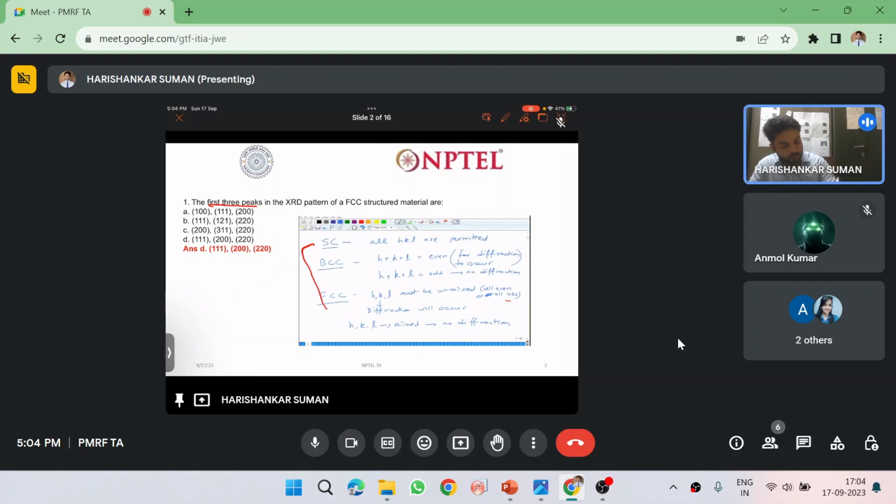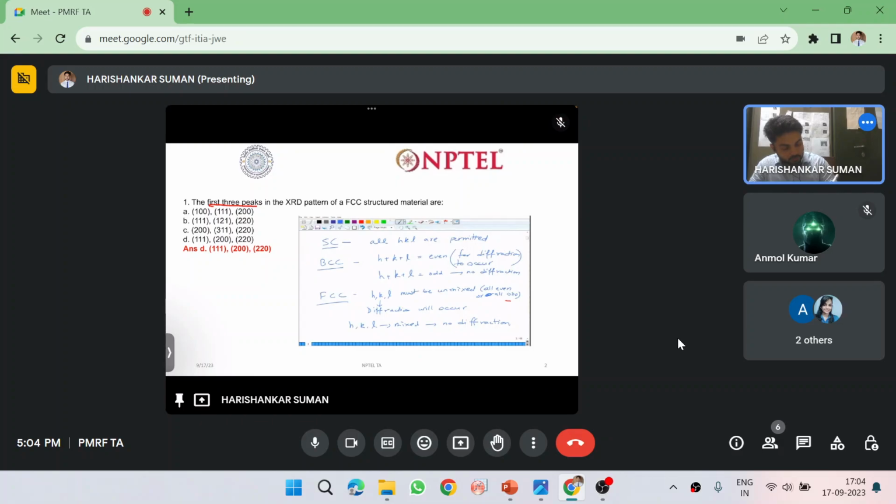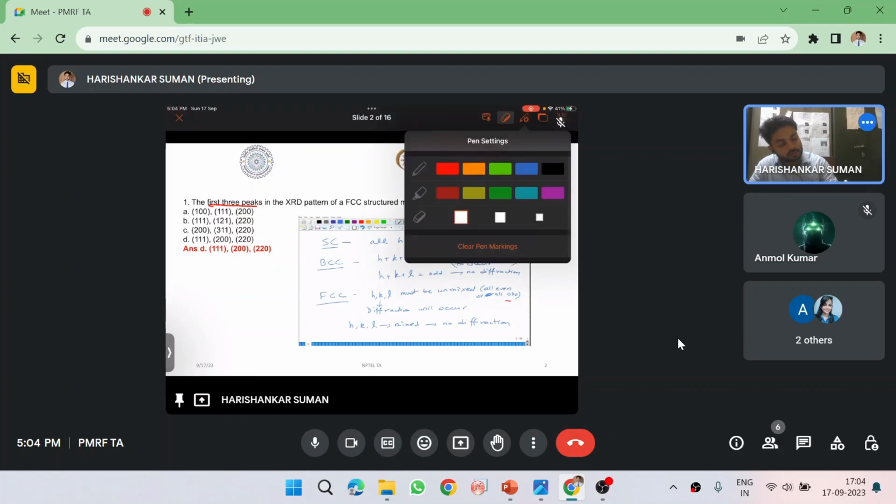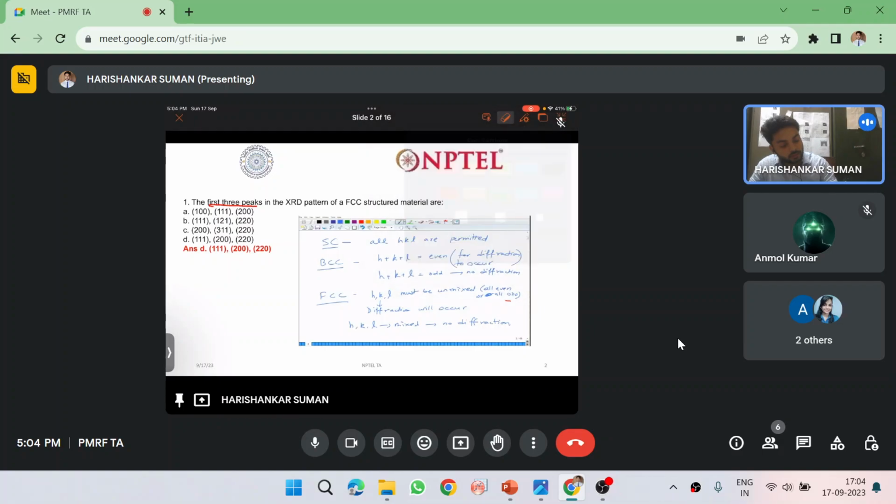And do you know where this comes from? Because of the formula, how we can generate it. The structure factor F_hkl equals the summation over 1 to n of f_i e to the power 2 pi i (hu + kv + lw).